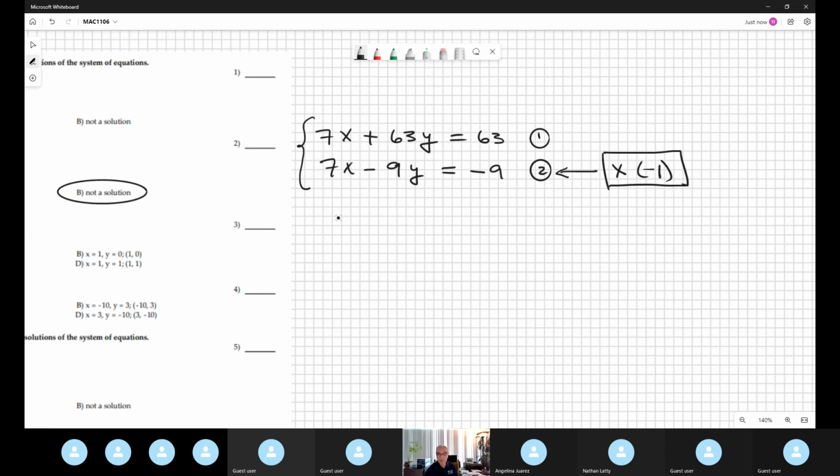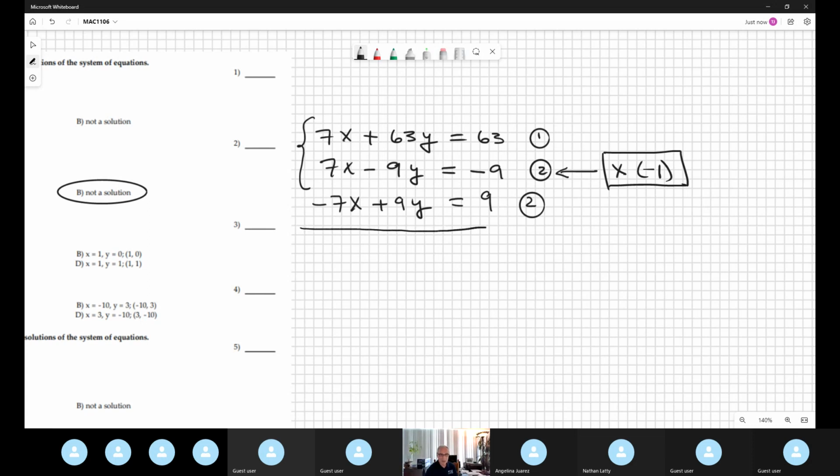My intention was that negative 7 and positive 7 together are ready for elimination. So I copy equation 2 after the multiplication: minus 7x plus 9y equals 9. And this is my new equation 2, that is 100% equivalent to the original.